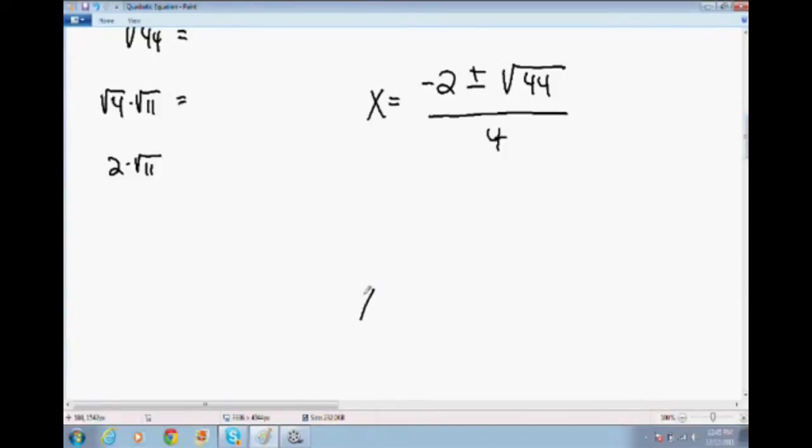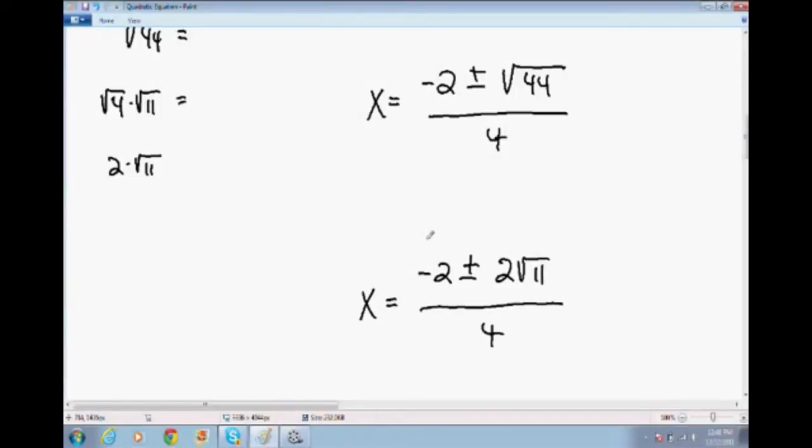So now I'm going to rewrite this equation as -2 plus or minus, instead of the square root of 44, 2 times the square root of 11, all divided by 4. And last but not least, we have to check if all the terms have something in common.